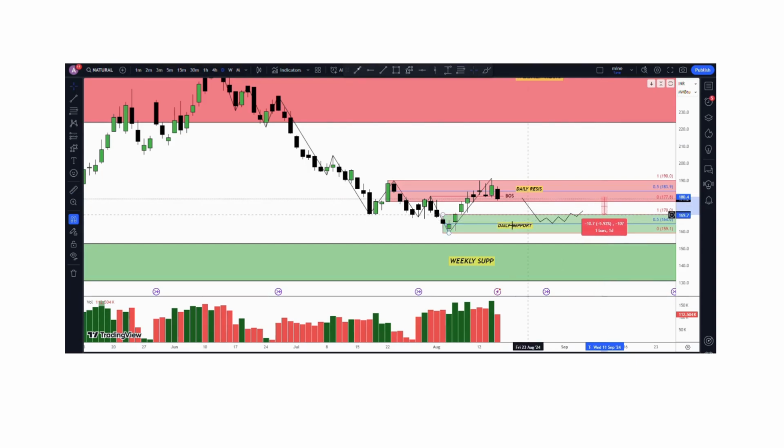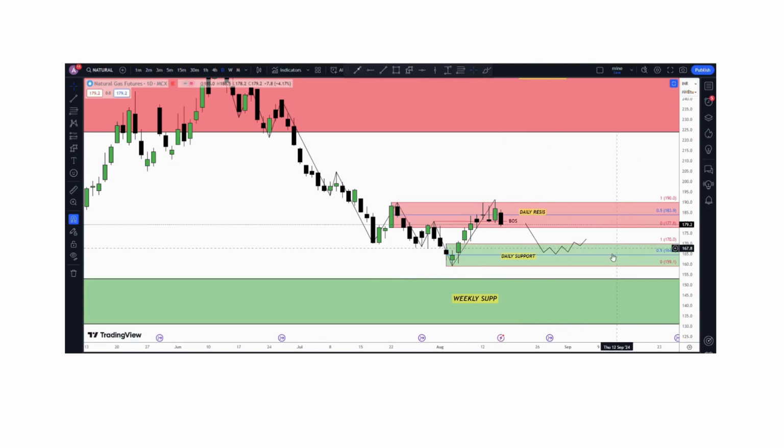That's crazy, right? And what's your target going to be? Your target is definitely going to be the next high. So for a 6 to 7% risk, you're looking at 1:1, right? But if you go long somewhere at this level, your stop loss is going to be around 3.5%, but your target is going to be around 13, 14, 15%.